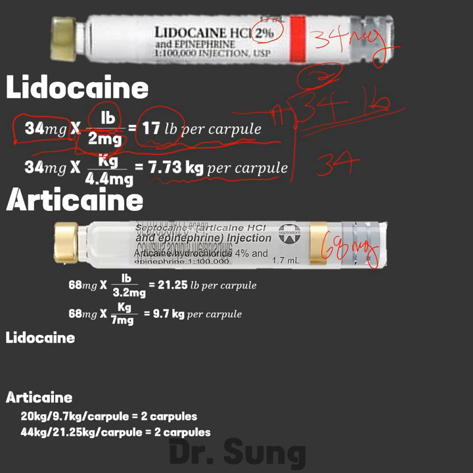So if you remember this, then you can calculate easily, because in the exam, if you see a patient who is 60 pounds, and ask what is the maximum carpules that we can give, just divide it by 17.